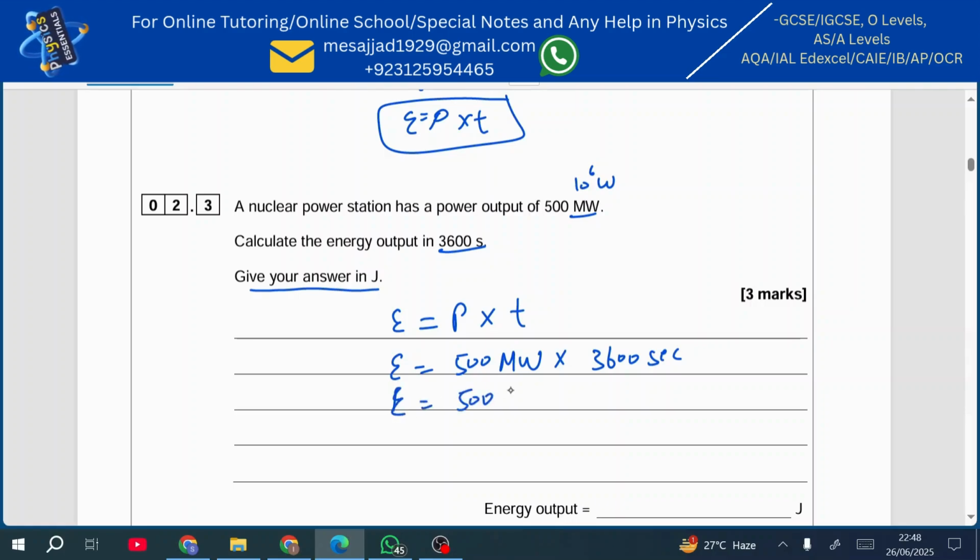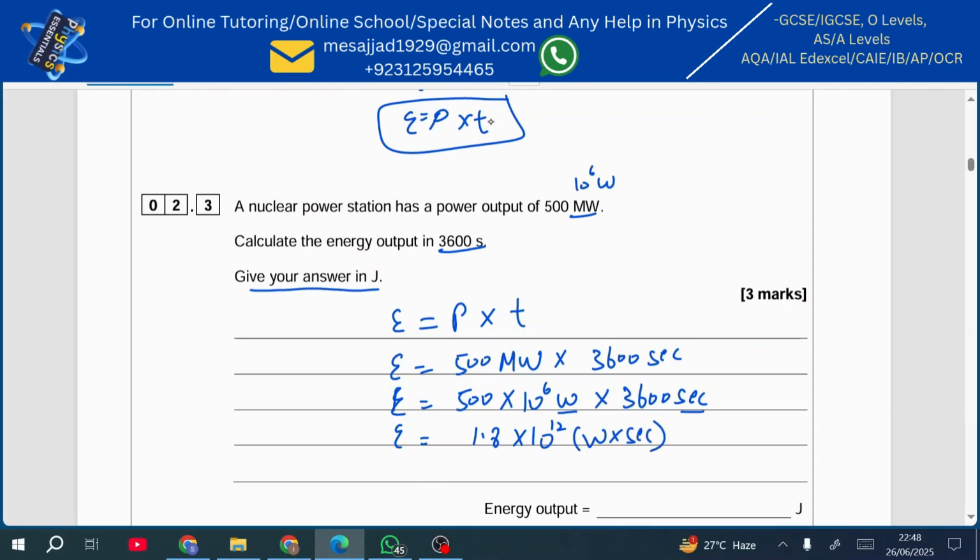So because of mega, you will put it like this into 3600 seconds, and when you multiply them all, you are going to get 1.8 into 10 raised to the power 12 watt second. Okay, you are left with watt and second, so watt into second.